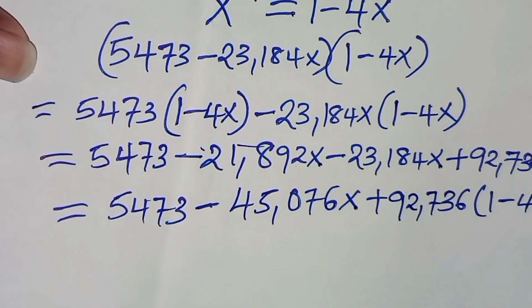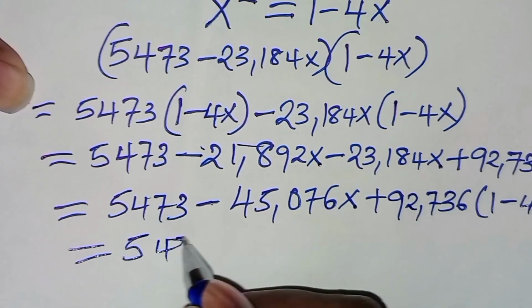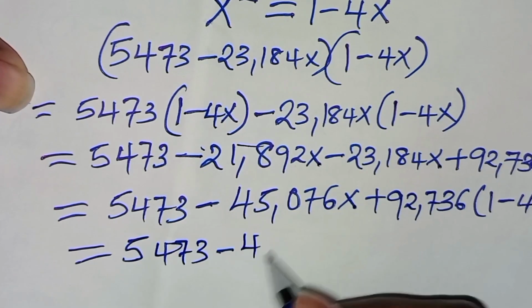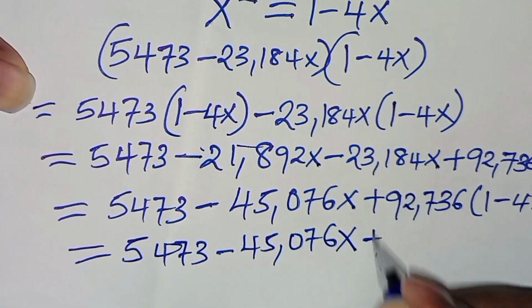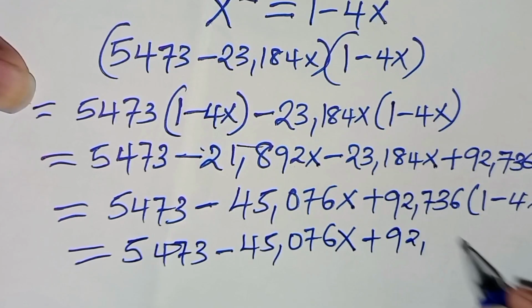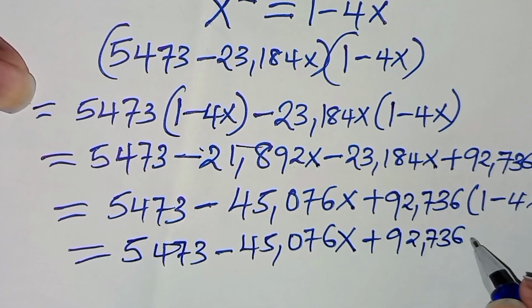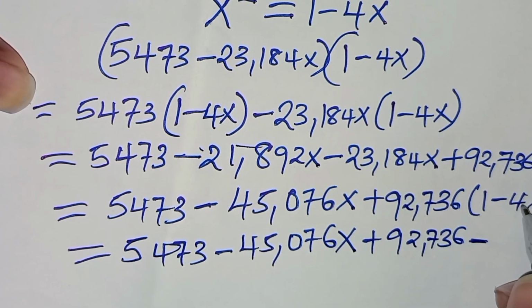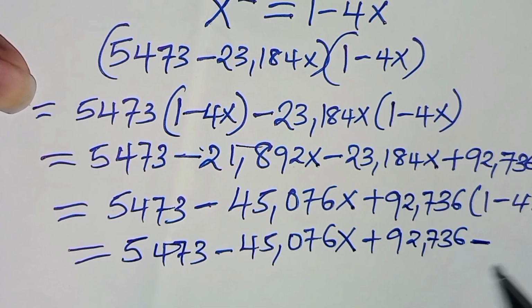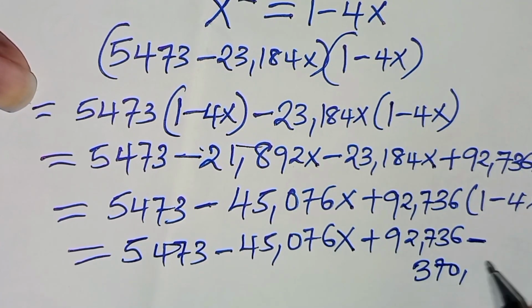Now, let's put the like terms together here. This is 5473, subtract 45,076x plus 92,736. Now, here we'll have subtract 92,736 times 4, and this is equal to 370,944x.